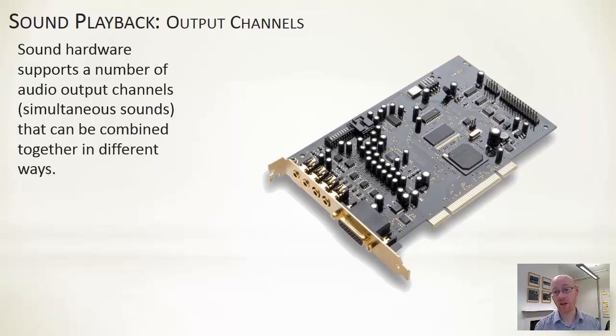Now you could have one channel for music, or if you have stereo left and right, that would be two channels. Then you may have different channels being used to play back different types of sound. So they are played simultaneously and they can be blended together and combined in different ways. And that gives us our fundamental basis on which we actually play back sound.